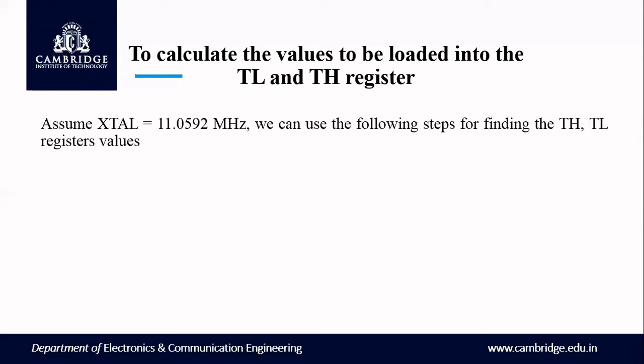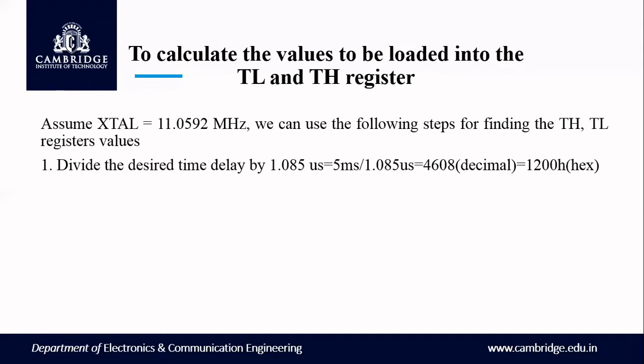Before going to the next step, we need to understand what the timer period should be. This frequency should be divided by 12. Whatever frequency you get, you take the reciprocal to generate the time period. So 1.085 microsecond is the time period for the given crystal frequency.